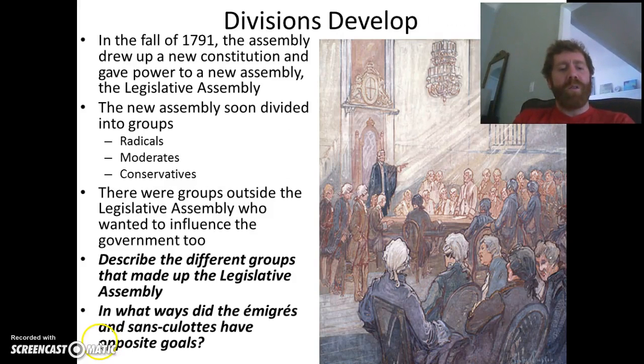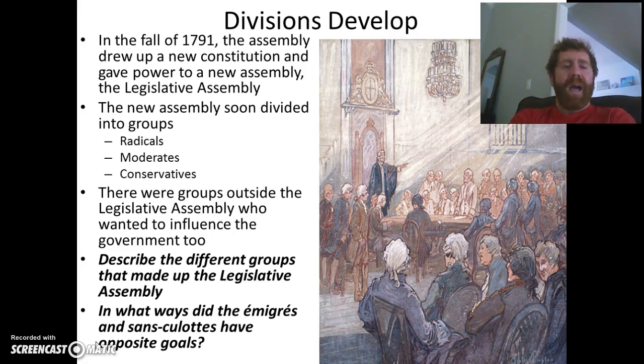And so we've left off with Louis XVI having tried to escape France in 1791, was caught and brought back. For the past couple of years, leading up to 1791, the National Assembly has been arguing over creating a new constitution.